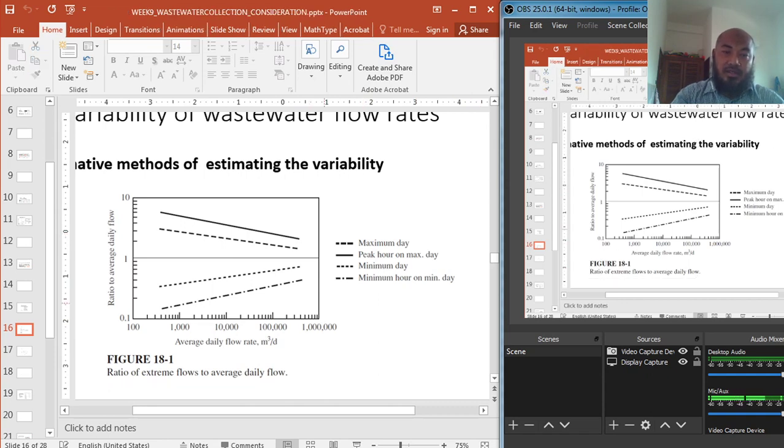You can see this is the maximum day. This is the peak hour on maximum day. This is the minimum day. And this one is the peak hour.